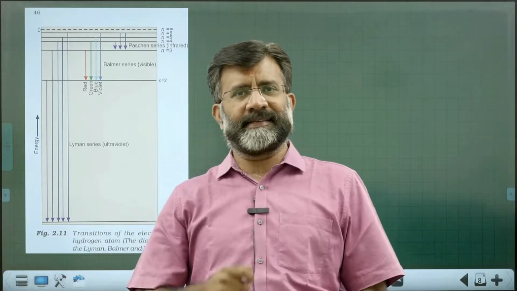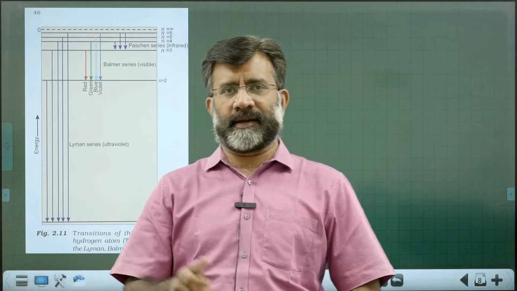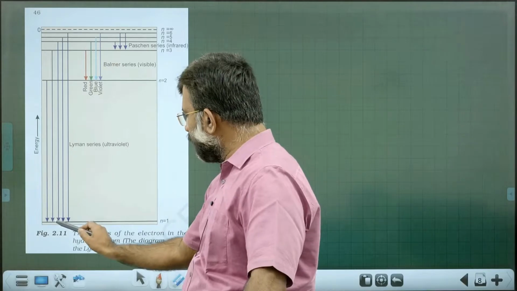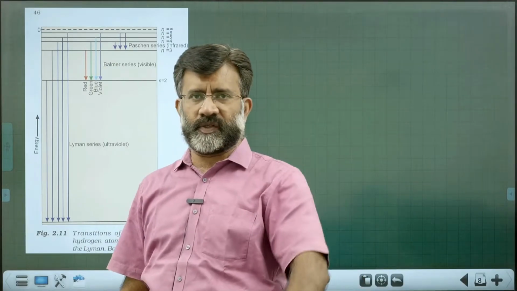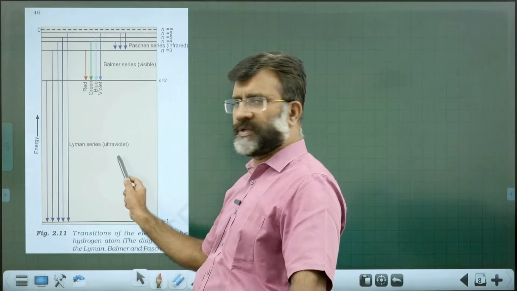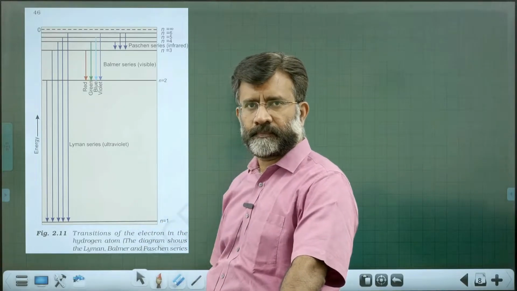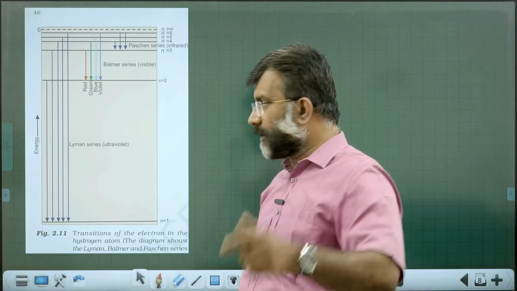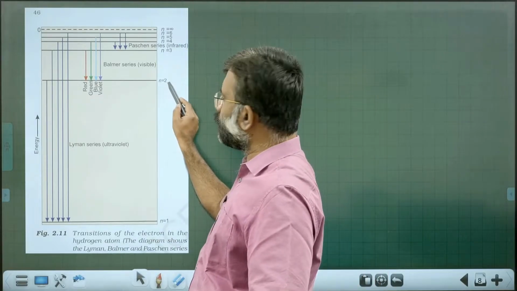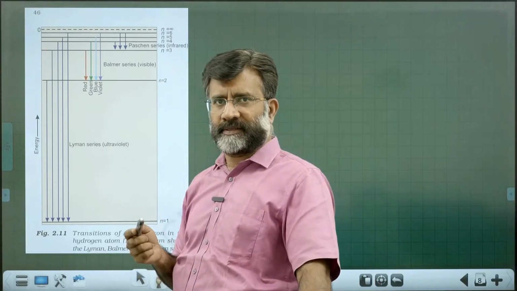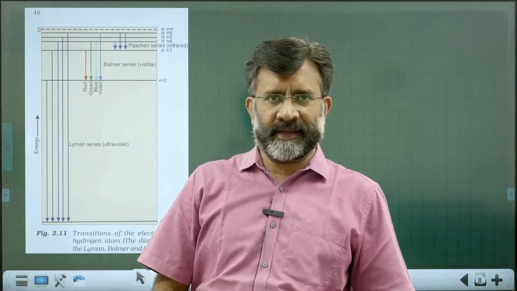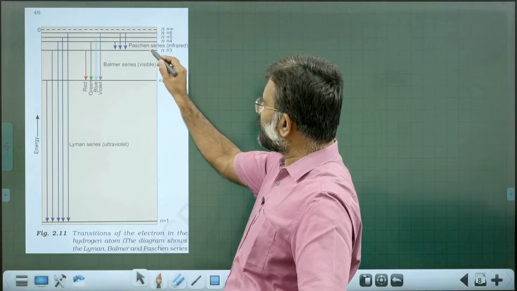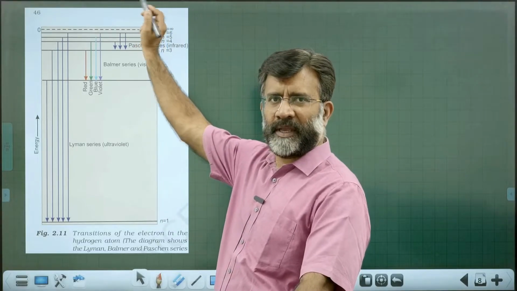An excited electron jumping to n equal to 1, that is Lyman series, a high energy series. The range of radiation comes in the ultraviolet region. While an excited electron jumping to n equal to 2, that is the second orbit, is called the Balmer series. Right? Then Paschen series, Brackett series, Pfund series.